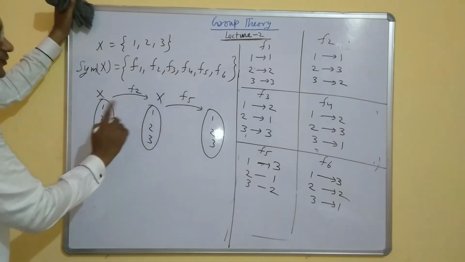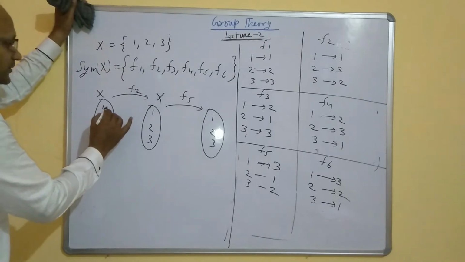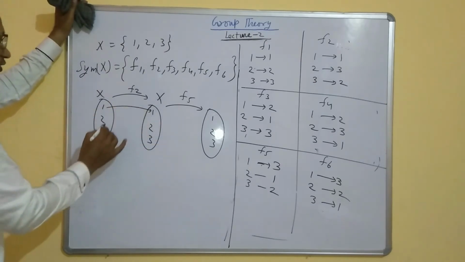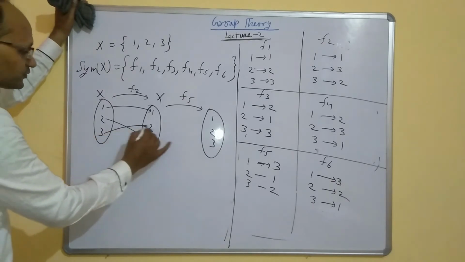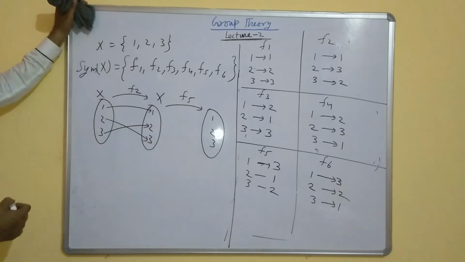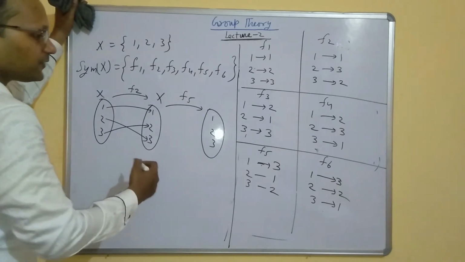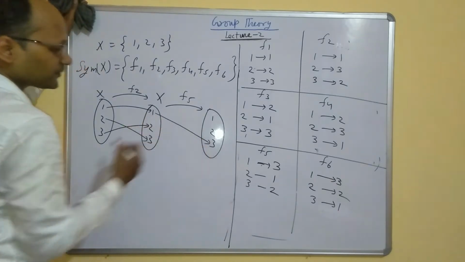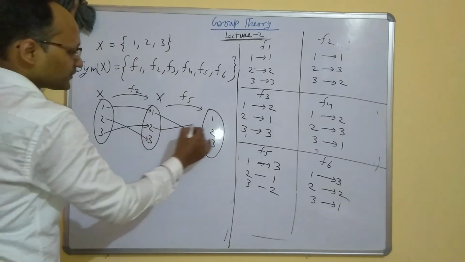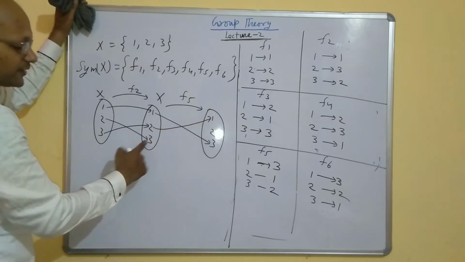So under F2, 1 is going to 1, 2 is going to 3 and 3 is going to 2. Now what about F5? 1 is going to 3, so this 1 is going to 3, 2 is going to 1 and this 3 is going to 2.